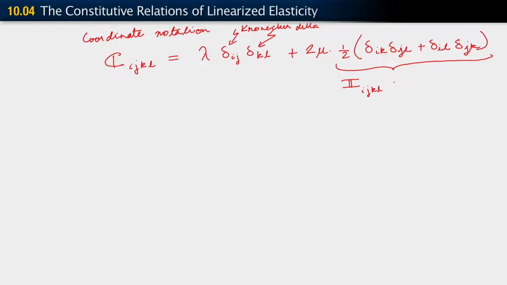This is what we call the fourth order symmetric identity tensor.